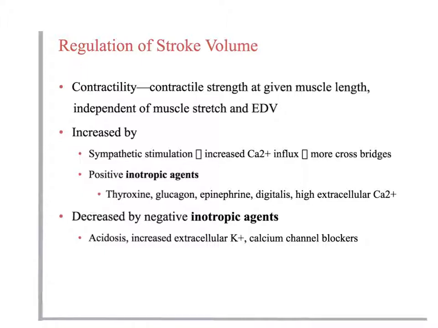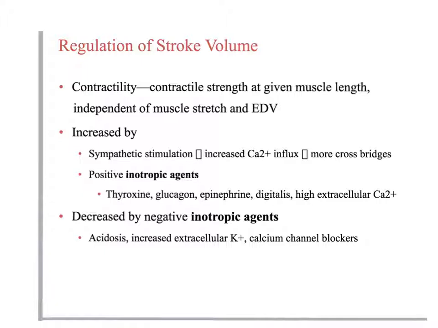There are two different parts that can help increase contractility, what's called inotropic agents, positive and negative. And they have to do with ions, or other things that help influence how well the heart contracts.